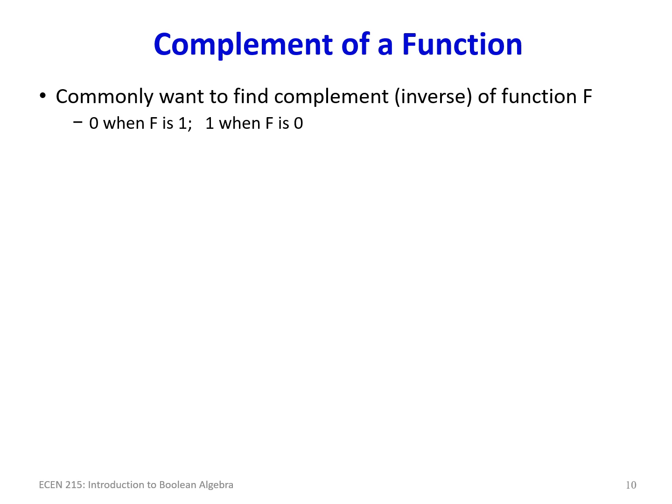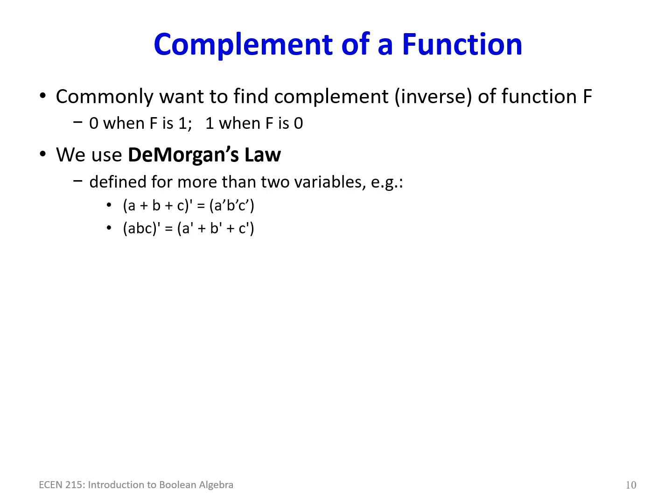So if you want to find the inverse of a function, there is a way of doing that. This is known as De Morgan's law, and it is defined for something of more than 2 variables, where we have A, B, and C here. For this one, f is equal to A plus B plus C. That's our function, and we want to get f prime. In other words, we want not f. That's our goal.